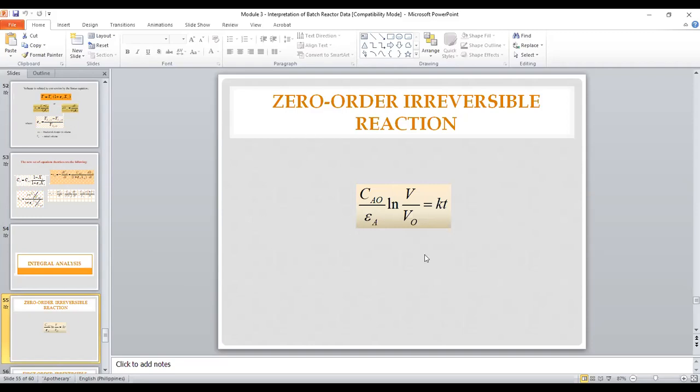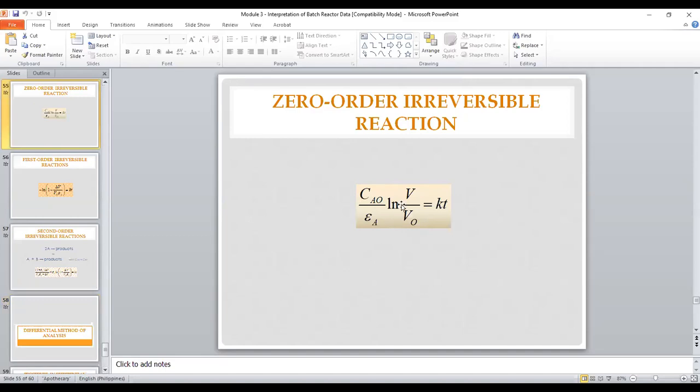Now the formula for that would be this, CAO over epsilon A ln of V over VO. Notice this time that you are now accounting for the changes in the volume and you are to determine epsilon A. There will be corresponding examples later on how to determine epsilon A in 2 different scenarios.